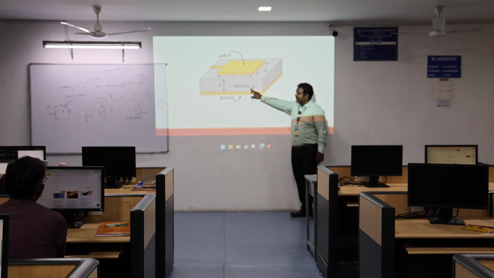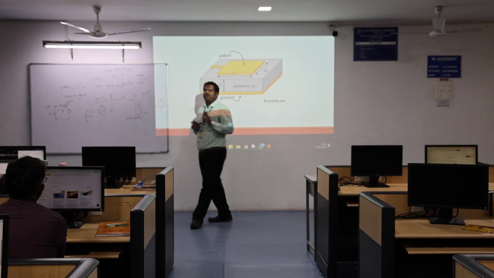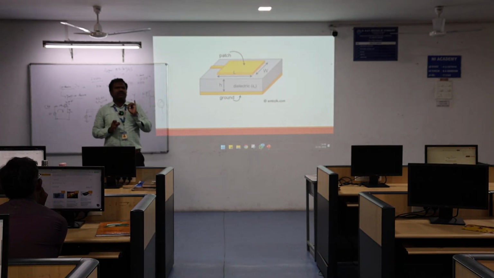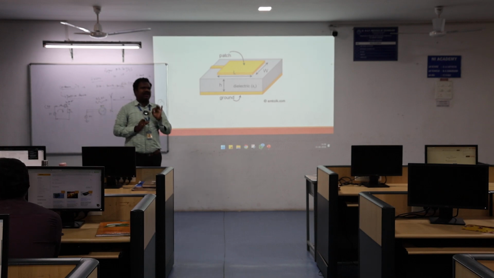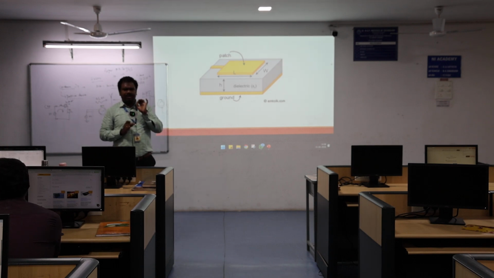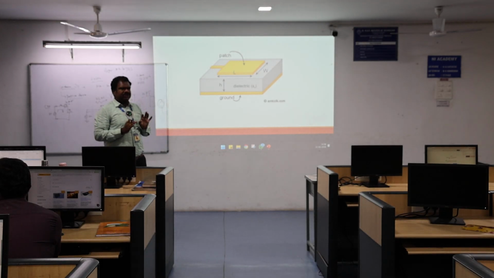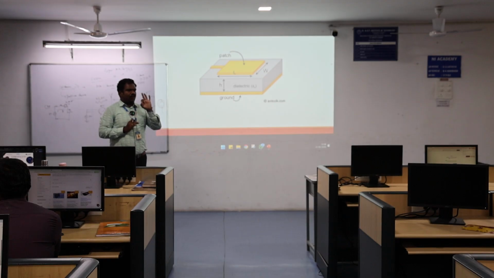We need to know what frequency you choose, what your frequency range is, what type of material you are going to choose for preparing the prototype, and what the thickness of your antenna is. Only these three things you need to know, and the rest we find.